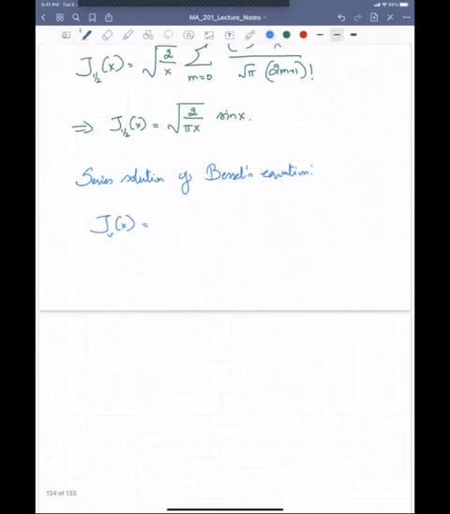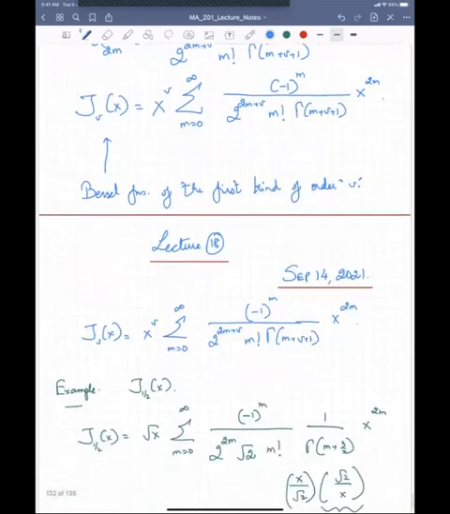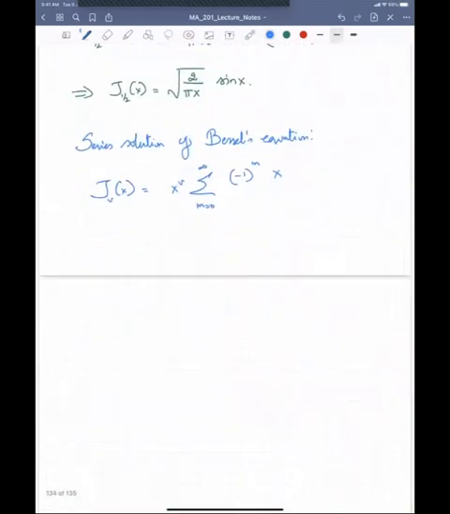J nu of x equals x to the nu, sum over m, minus 1 to the m, x to the 2m, divided by 2 to the 2m plus nu, m factorial gamma of m plus nu plus 1. Okay. And to understand what the solution would be for r equals minus nu, we could simply substitute nu to minus nu in this equation.